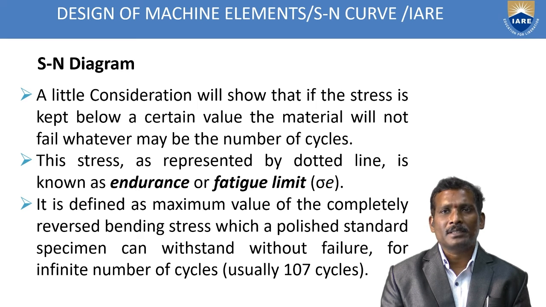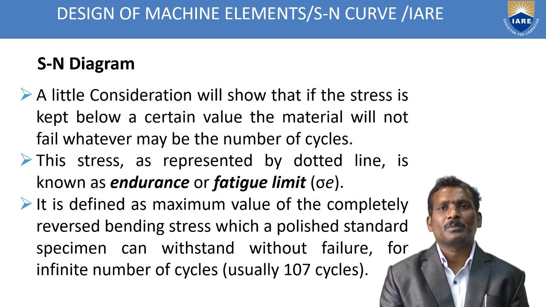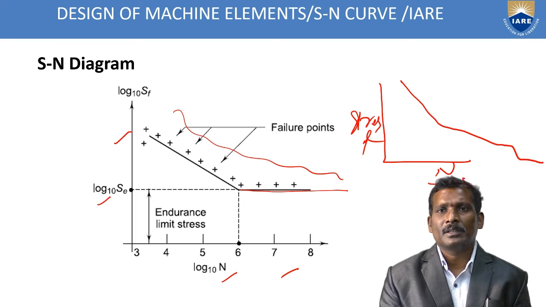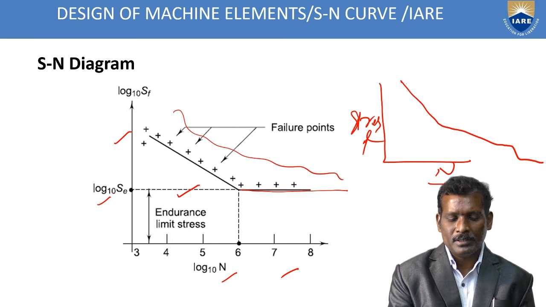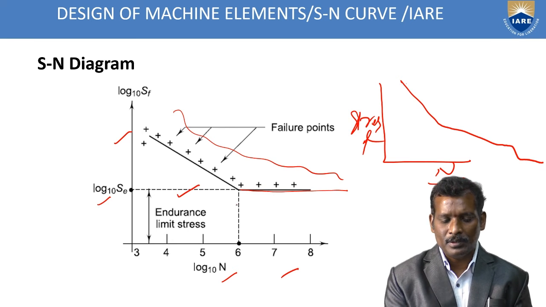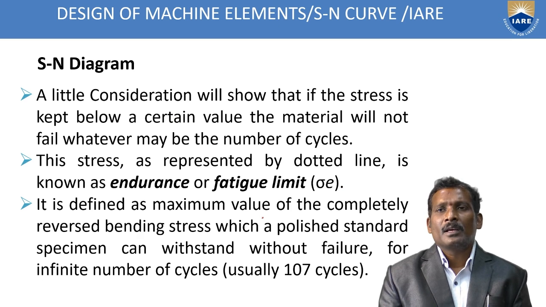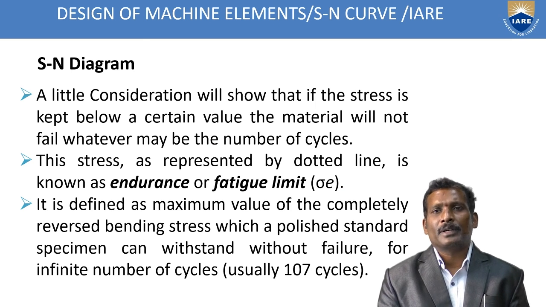And this stress, represented by a dotted line, is the endurance limit. At this stage, the component never fails, irrespective of the number of cycles. Why? Because that is the maximum amplitude of the repeated stress.